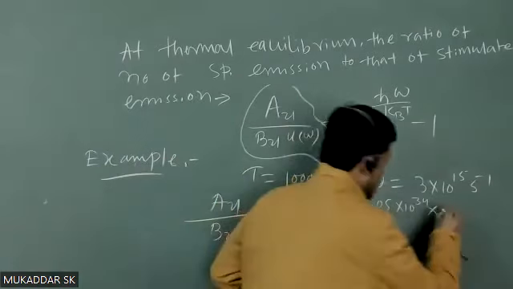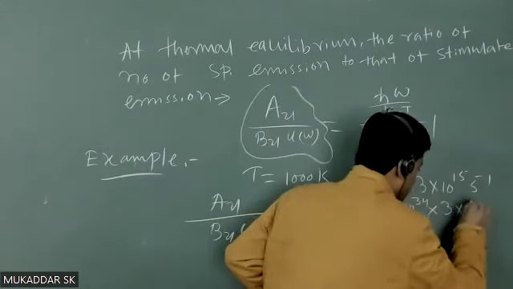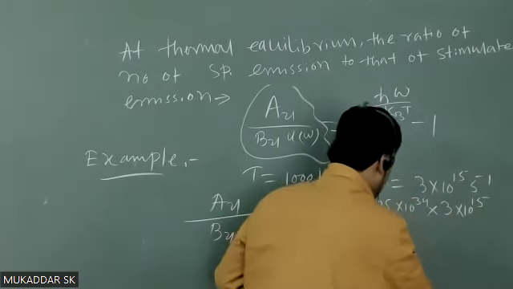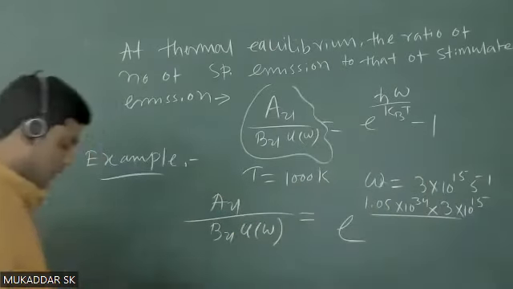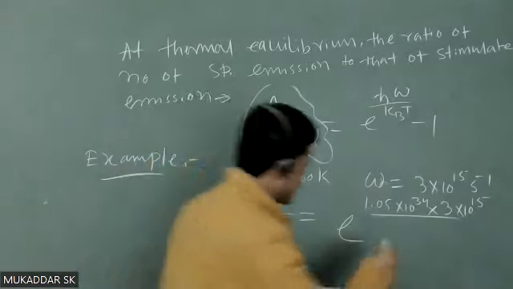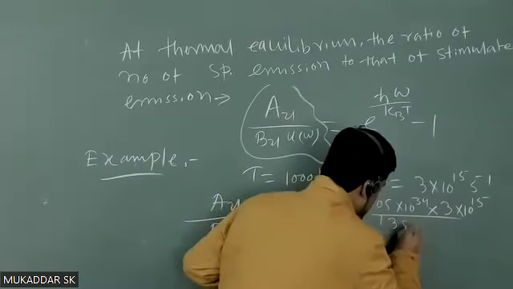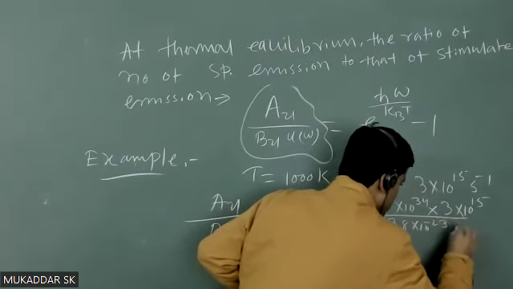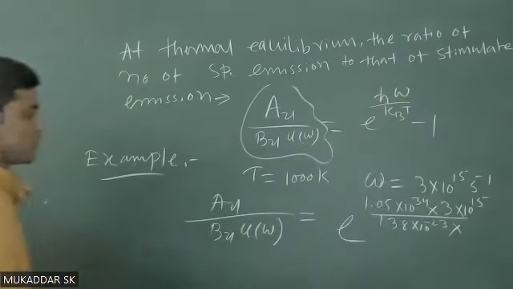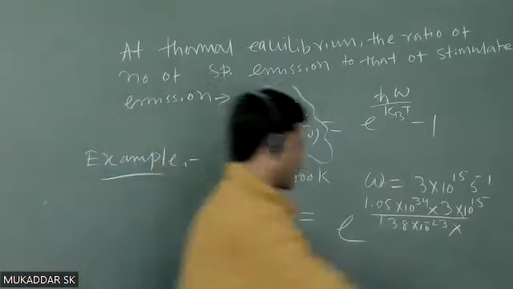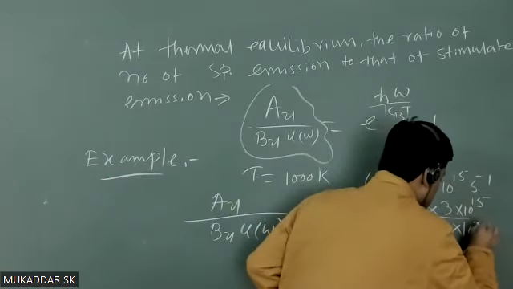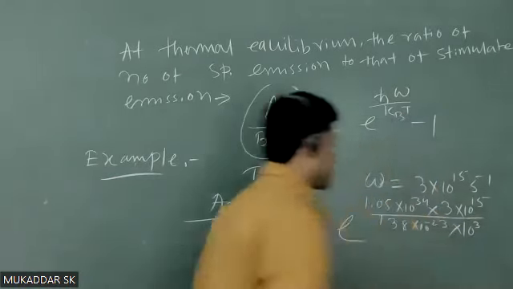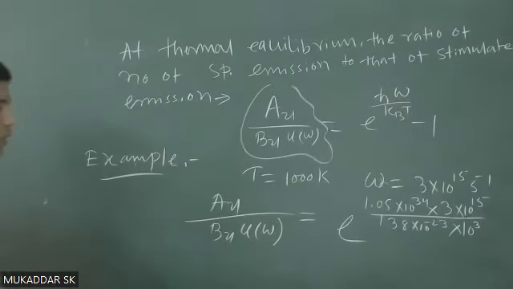Omega is given, 3 into 10 to the power 15. Then you have kB. kB is how much? 1.38 into 10 to the power minus 23. And then finally you have the temperature. What is the temperature? That is given, 10 to the power 3. 1000 means what? 10 to the power 3.